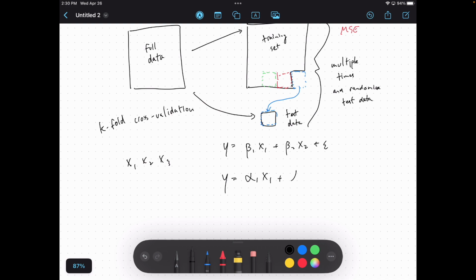So there's a model with x1 and x2 and a model with x1 and x3, and I want to figure out which of these two gives me better predictions for my y's out of sample. Is it alpha 2 next to x3? Yeah, it doesn't matter.